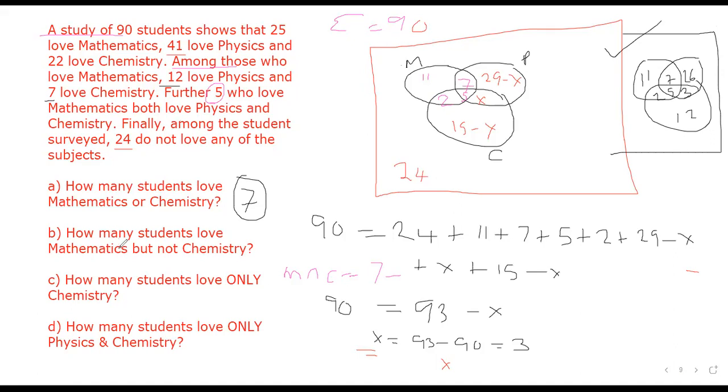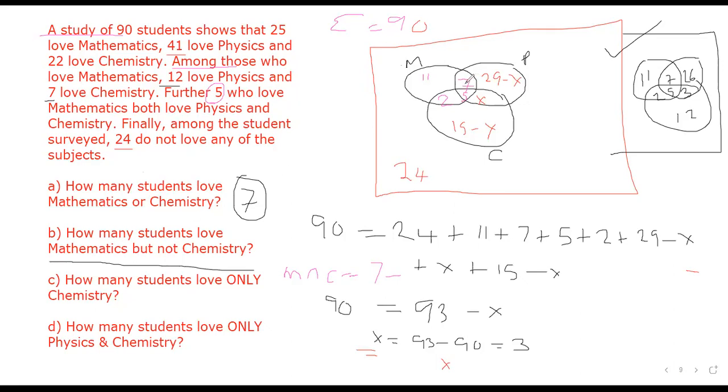So now help me. How many students love mathematics but not chemistry? Yeah, 11. No. Oh, 13. Why did you get 13? How many love mathematics but not chemistry? See, 11 plus 2, which is 13, plus 7.